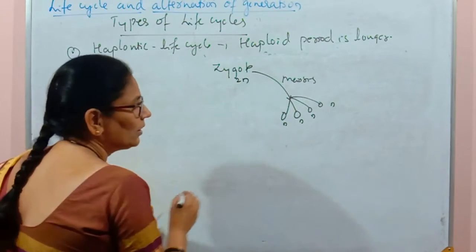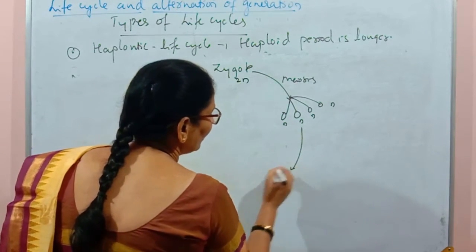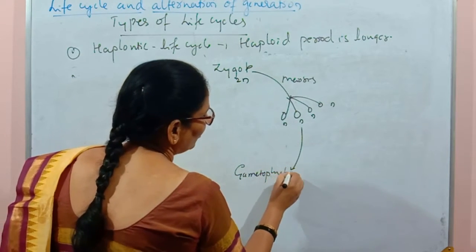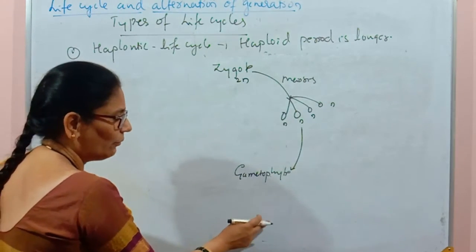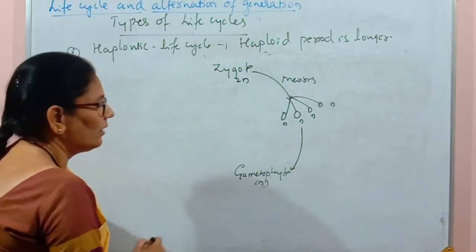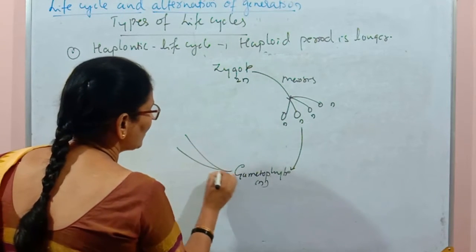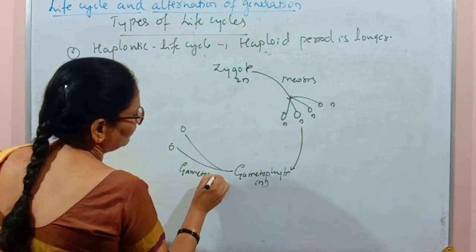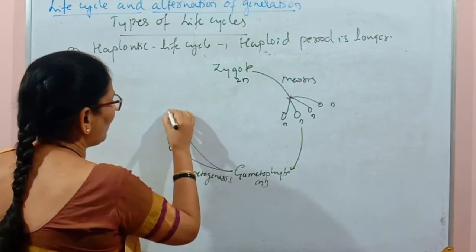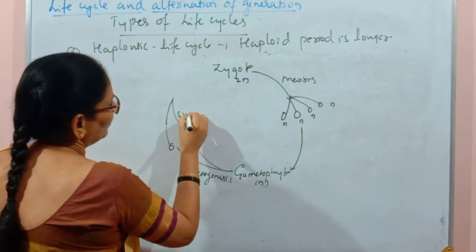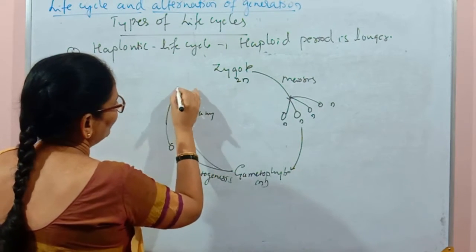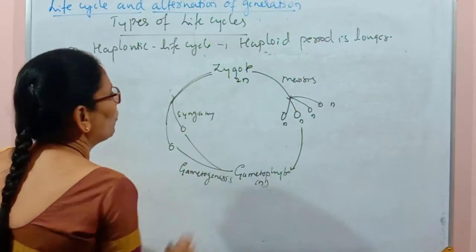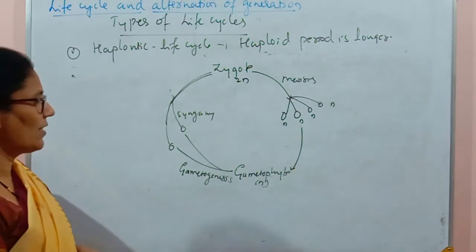These haploid spores produce the gametophyte, which is dominant, photosynthetic, free living, and produces the gametes by the process called gametogenesis. When these two gametes fuse by syngamy or fertilization, they form again a single cell zygote.